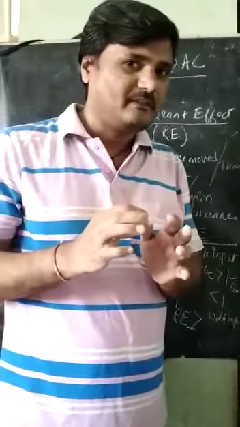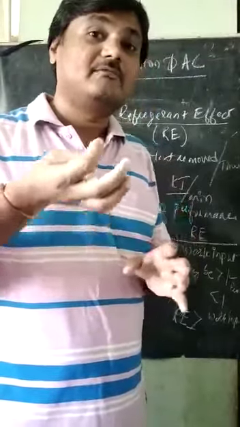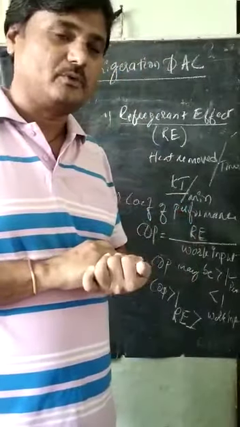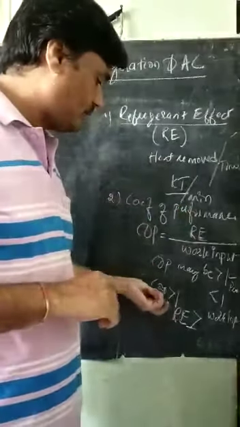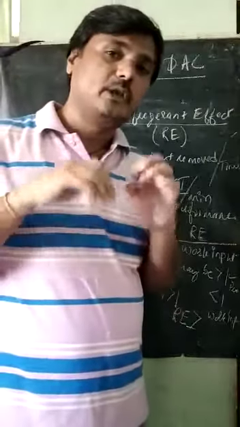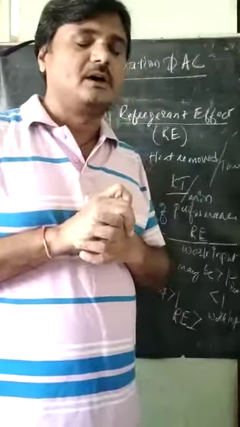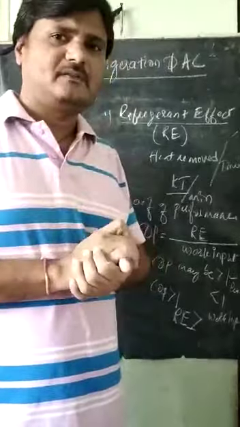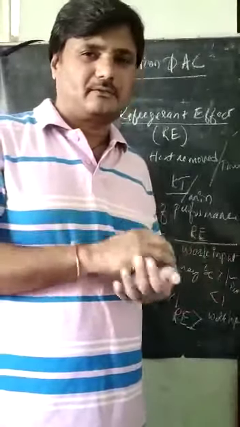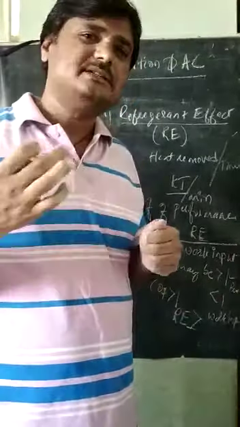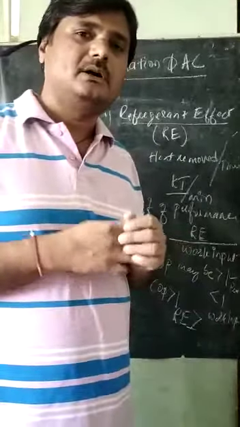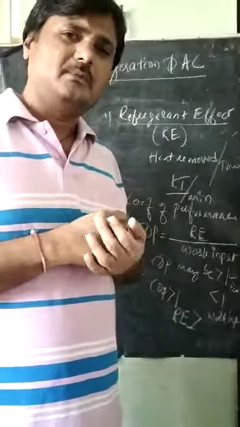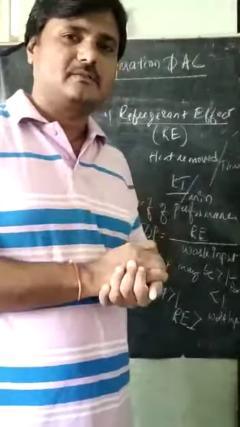We are supplying less work and getting more refrigeration effect. Therefore COP for a very good refrigeration system is always greater than 1. Sometimes it may be less than 1 because of inefficiency of the refrigeration system.